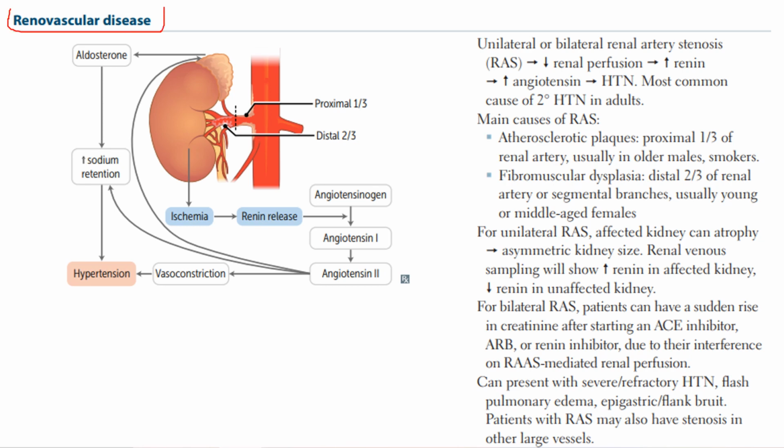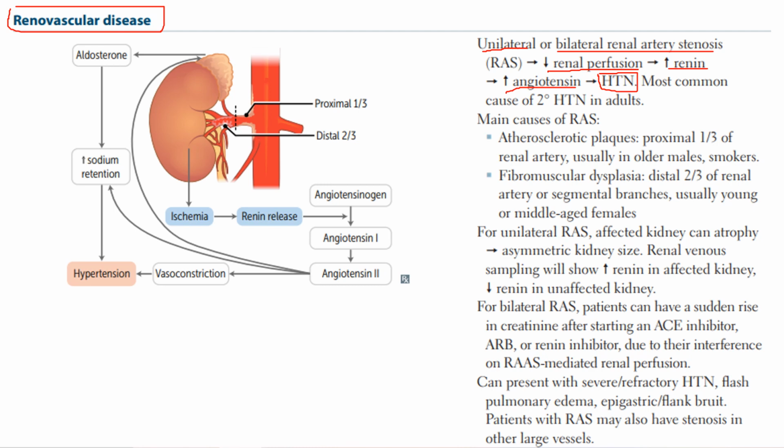Renovascular disease. It includes unilateral or bilateral renal artery stenosis. Renal artery stenosis leads to decreased renal perfusion, increased renin, and increased angiotensin, which leads to hypertension.